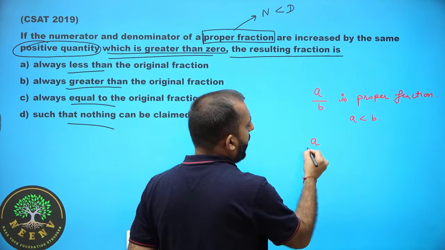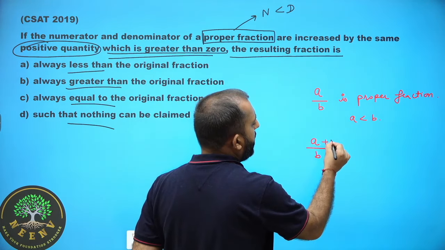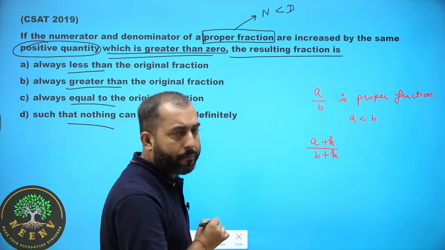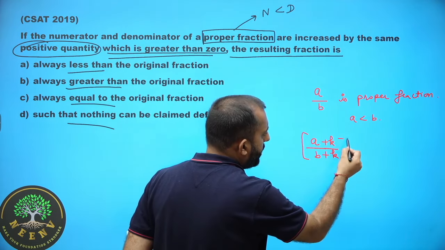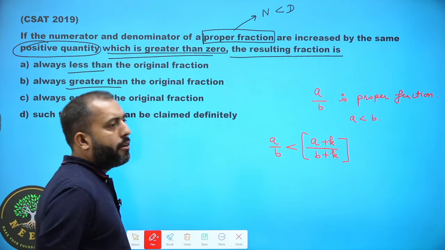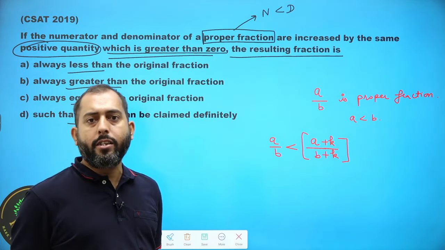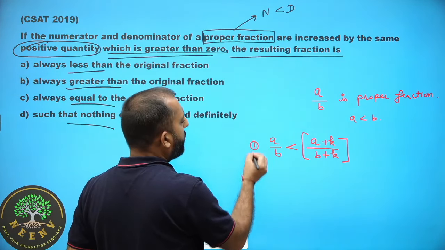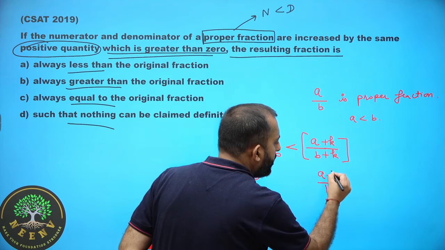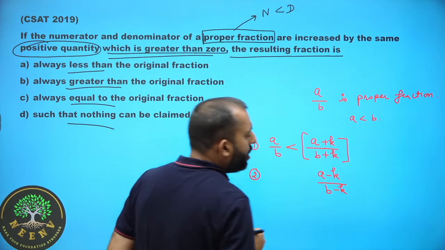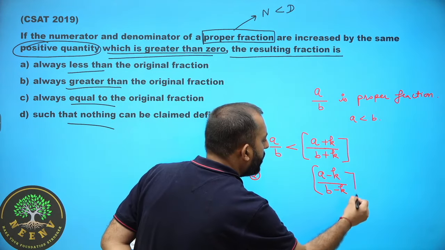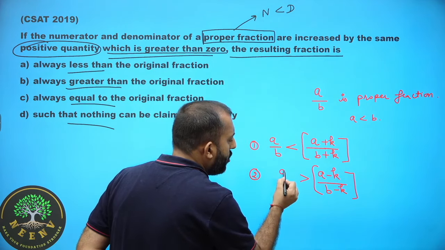In a proper fraction, if you add the same quantity to numerator as well as denominator, then the resultant will always be greater than the original fraction. Or, if from the numerator and denominator you subtract the same quantity, then the resultant fraction will be less than the original fraction.